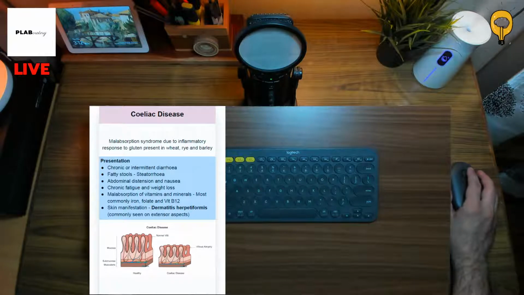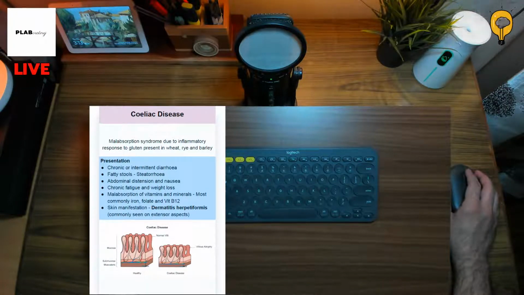So, celiac disease, malabsorption syndrome due to inflammatory response to gluten present in wheat, rye, barley. Presentation: chronic intermittent diarrhea, fatty stools, steatorrhea, abdominal distension, nausea, bloating, vomiting, chronic fatigue, weight loss, malabsorption of iron, folate, and B12 deficiencies.